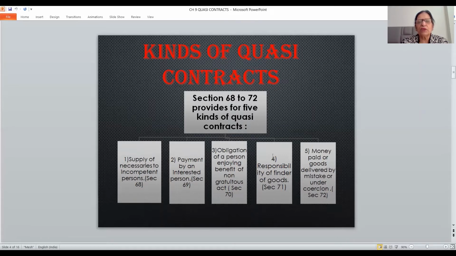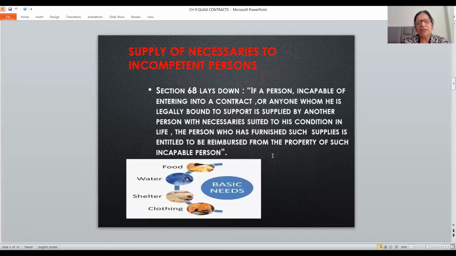Third is obligations of a person enjoying the benefit of non-gratuitous act, Section 70. Fourth is responsibility of finder of goods, Section 71. And the last one is money paid or goods delivered by mistake or under coercion, Section 72.